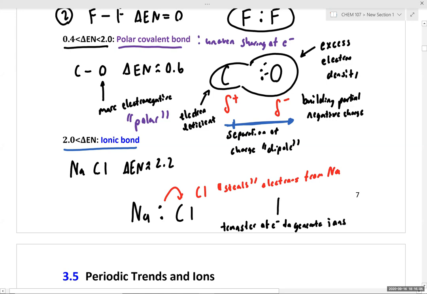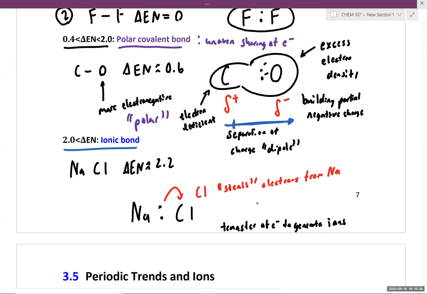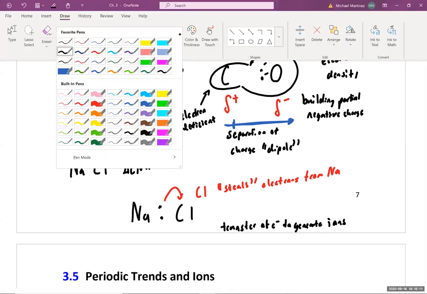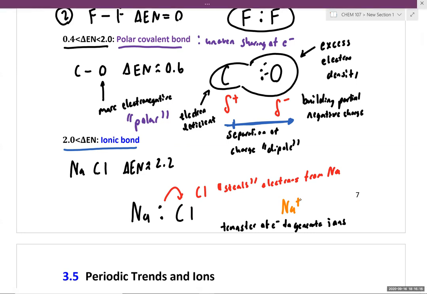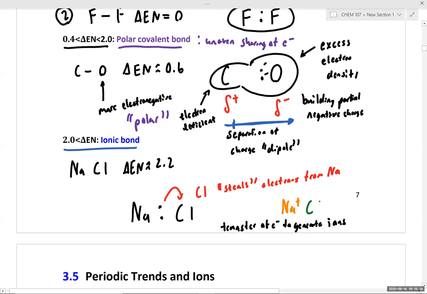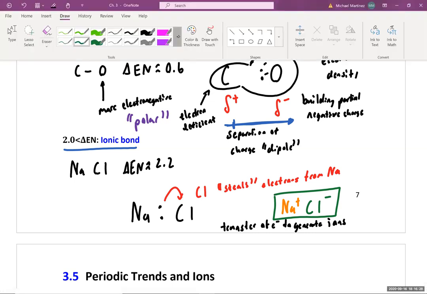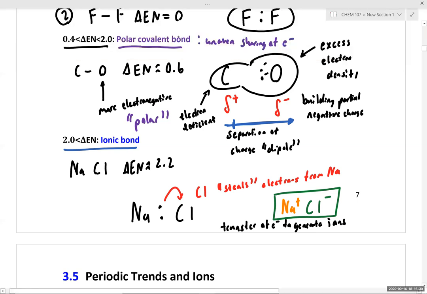Instead of having neutral species, we have a cation and an anion, Na plus and Cl minus, engaging in an ionic bond. Does that make sense? Any questions on these three different types of bonding?